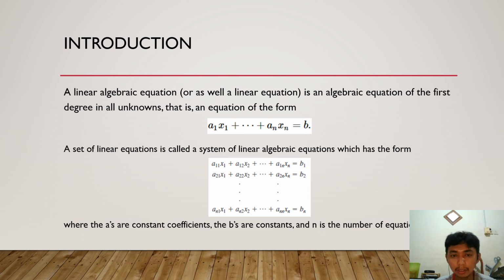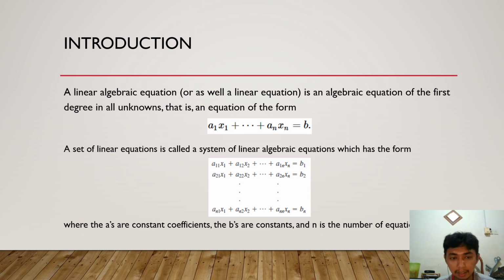So all the x1, x2, x3 until xn are independent variables, and a1, a2, a3, an, and b are all constants.